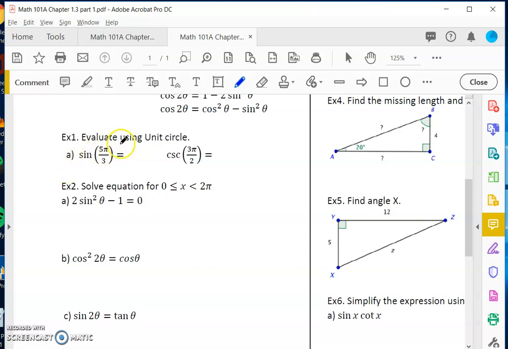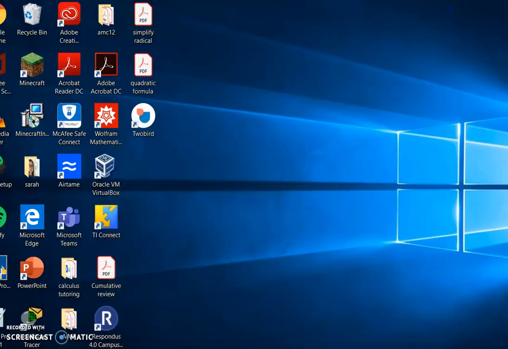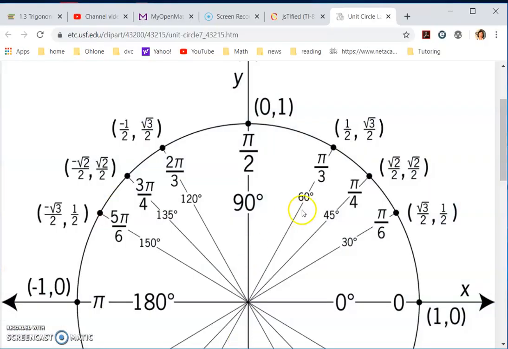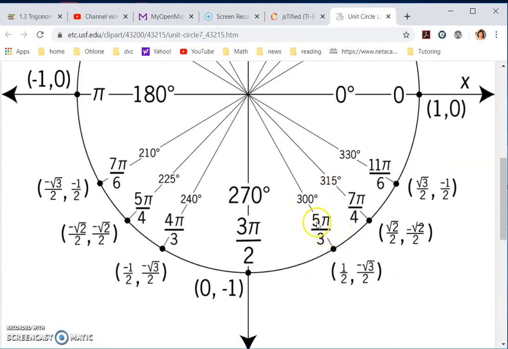Sine 5 pi over 3. Of course, we have to look at the unit circle, but where is 5 pi over 3? So I have a unit circle that I open up here. Sine 5 pi over 3 is related to pi over 3, but it is here in the fourth quadrant, 5 pi over 3, and I want sine, right?